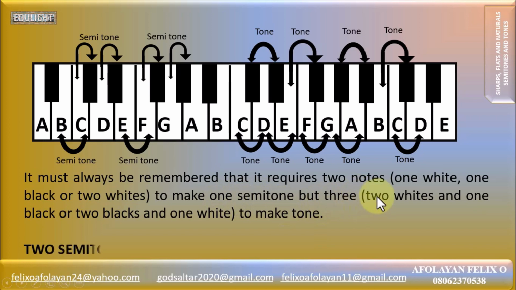But three: two white, one black, or two black, one white to make a tone, just as we have seen in the example above. Therefore, two semitones is equal to one tone, as we see here displayed.